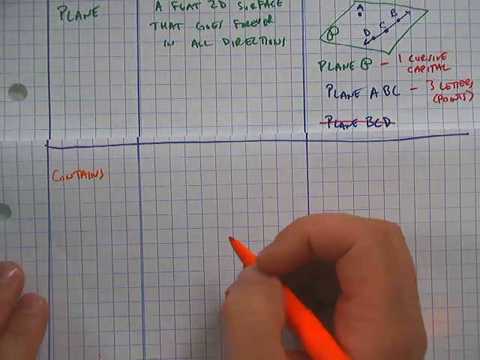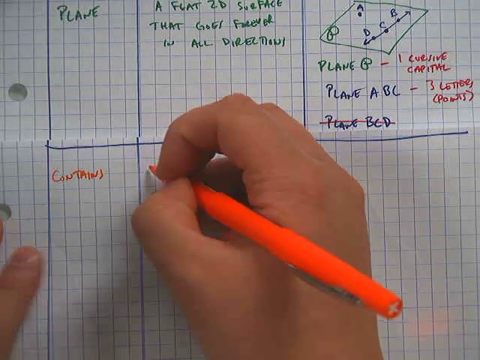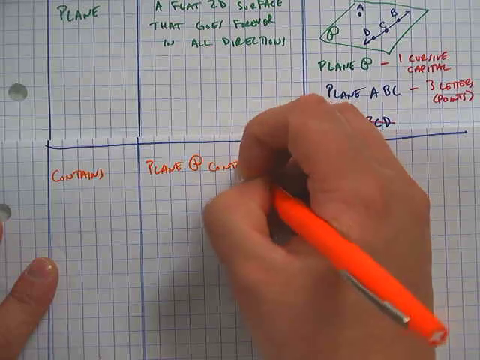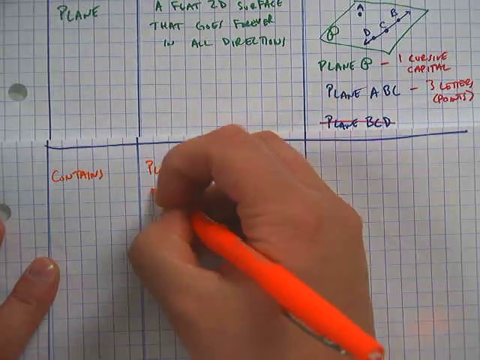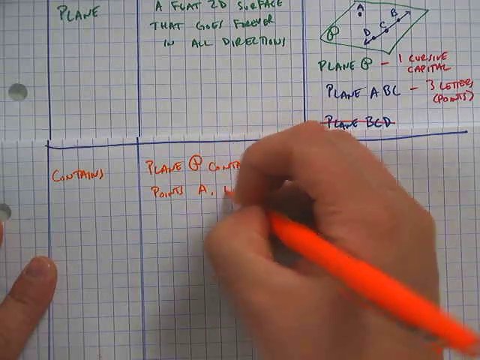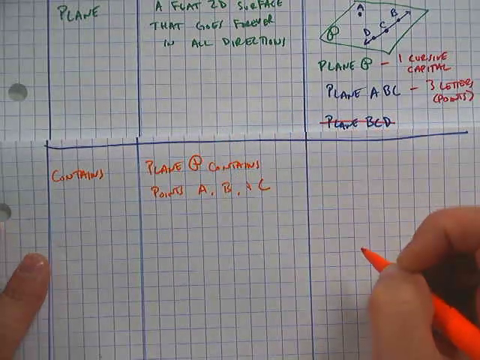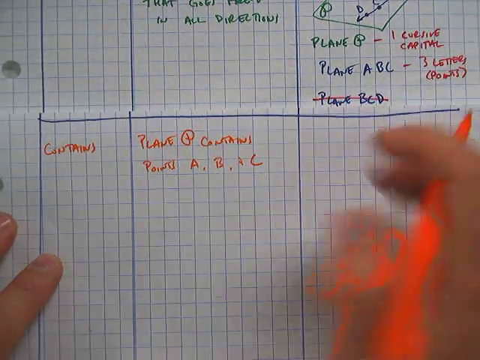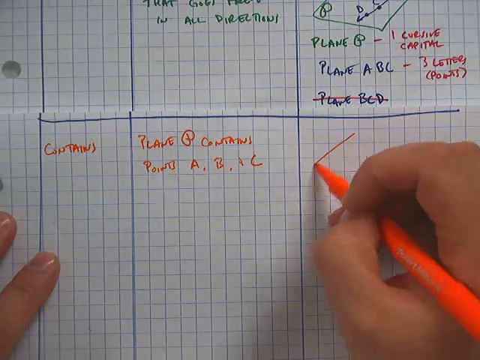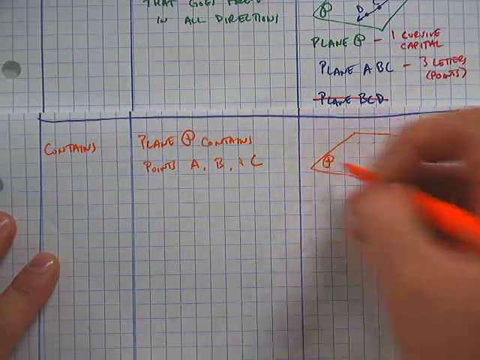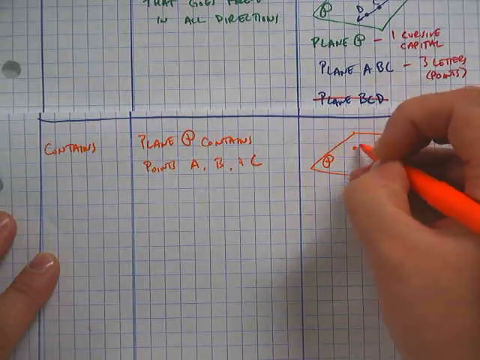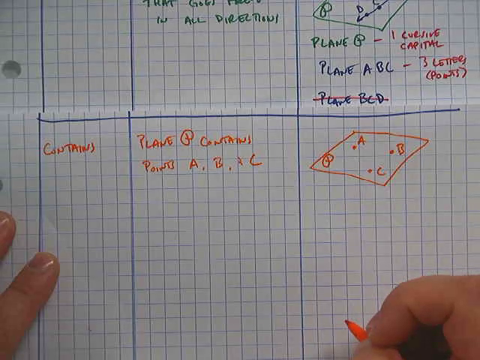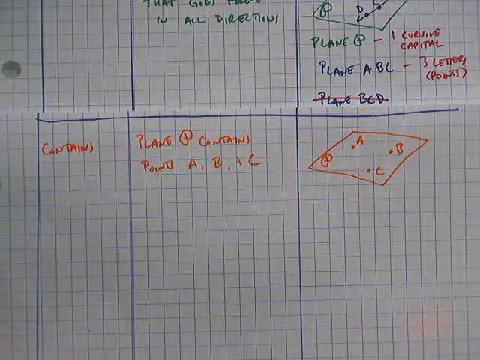Next word. Our next word is contains. Okay, so this word is best used in a sentence to describe it. So I could say something like plane P contains points A, B, and C. So the picture that that would give me is kind of like the one we just used up here.